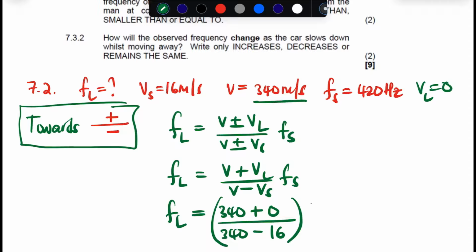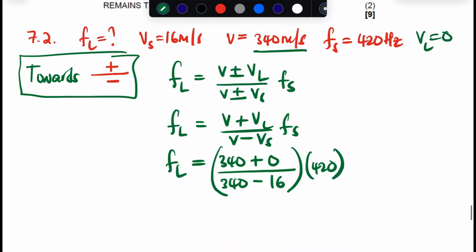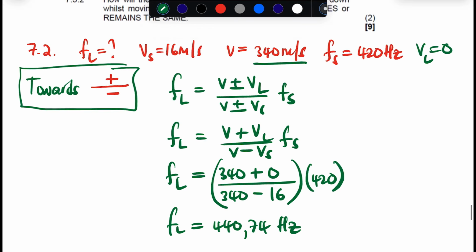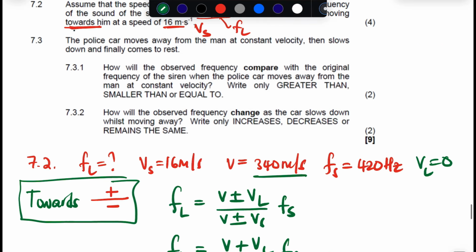And then we multiply by the frequency of the source, 420. If you punch that in the calculator, it will give you 420,74 hertz. Right, that's how you calculate the frequency of the listener when it's moving towards.